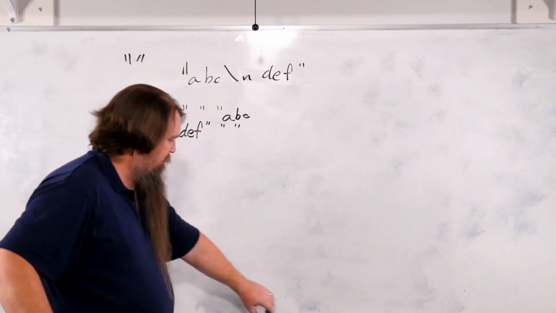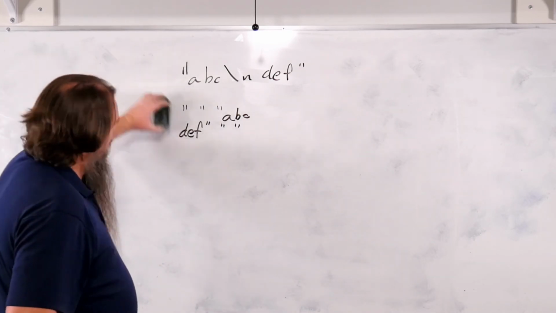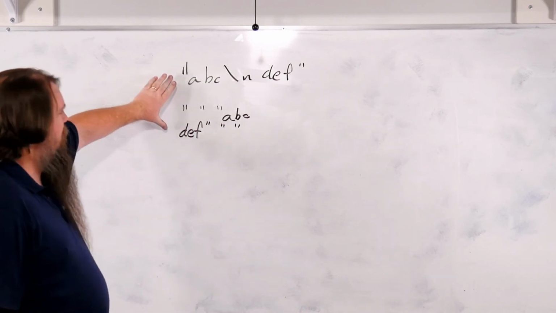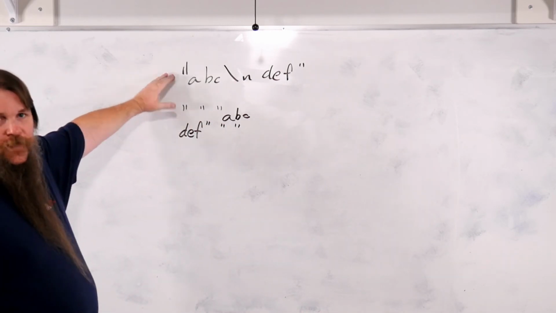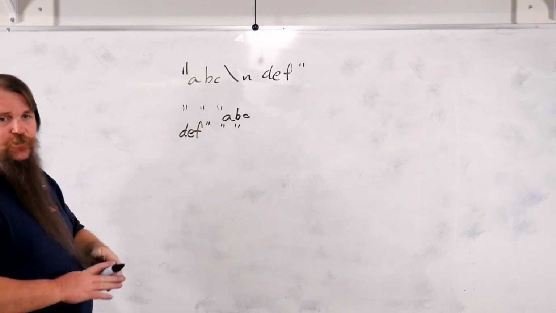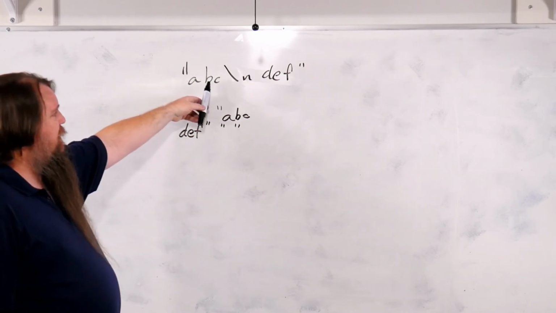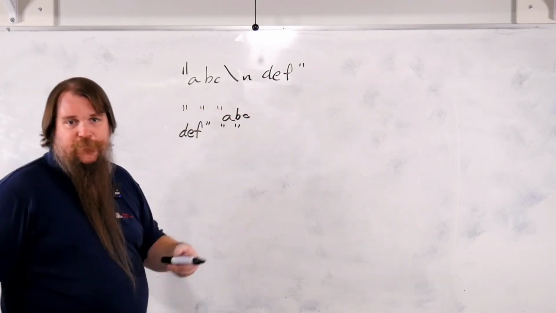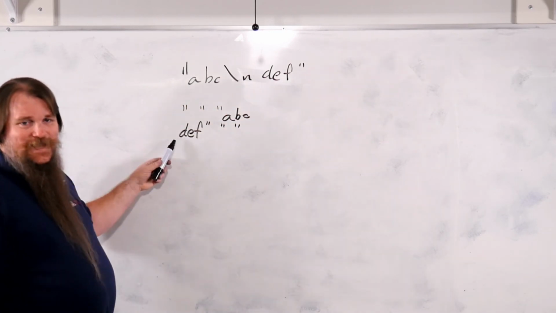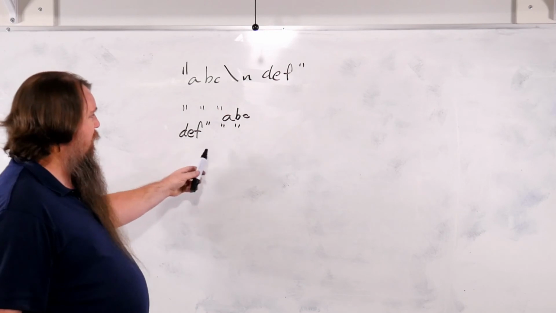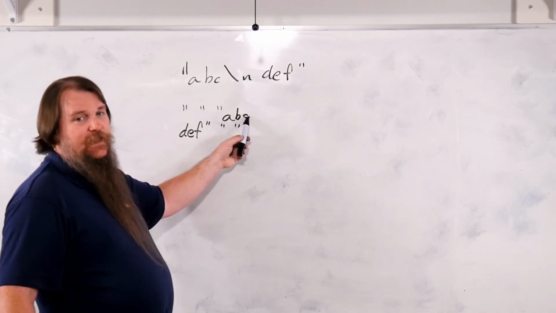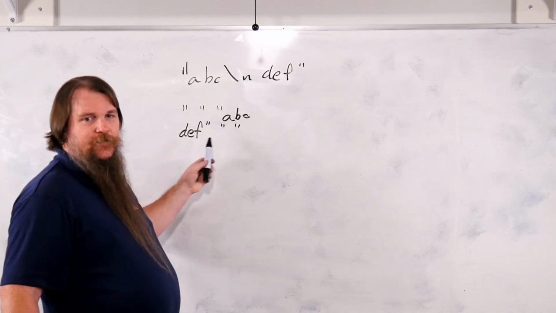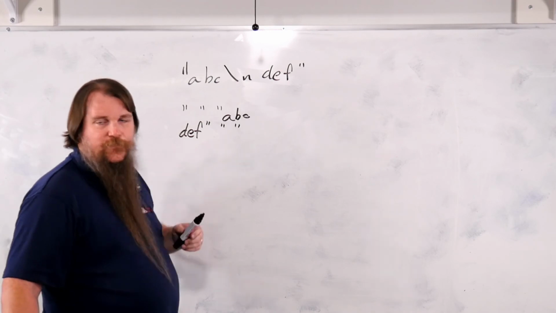These two string constants represent the same string. This is a 7-character string: A, B, C, new line, D, E, F. This is the exact same 7-character string: A, B, C, new line, D, E, F.